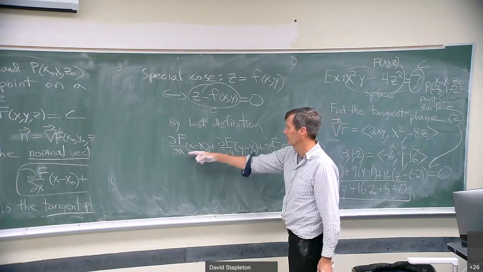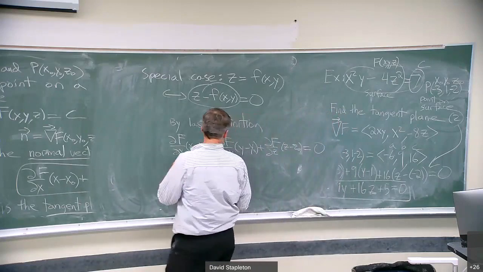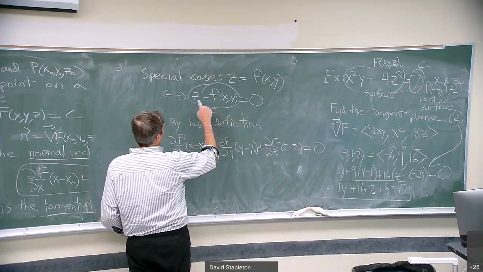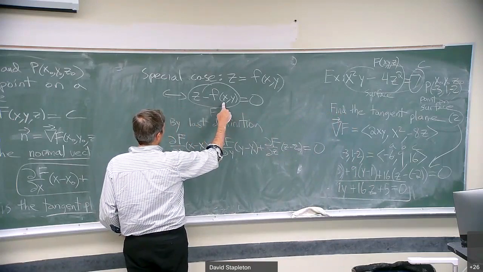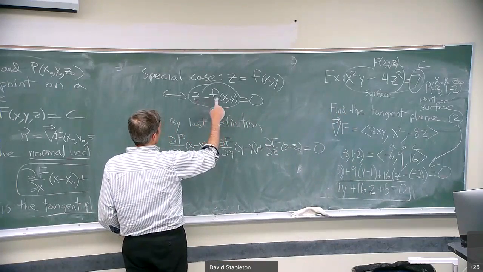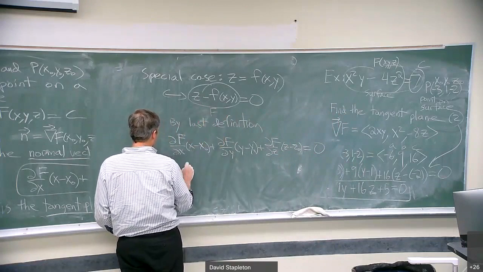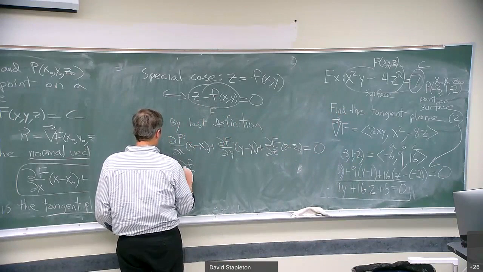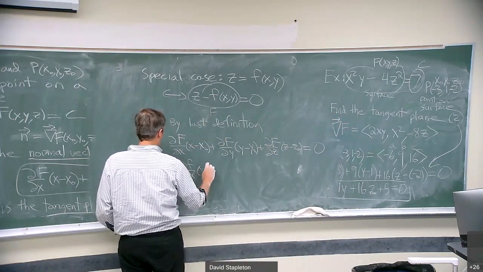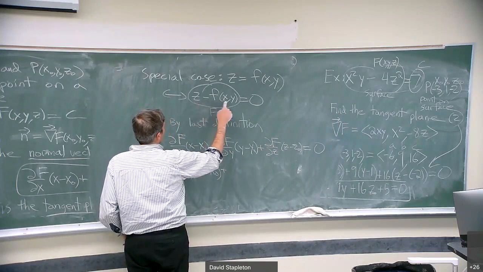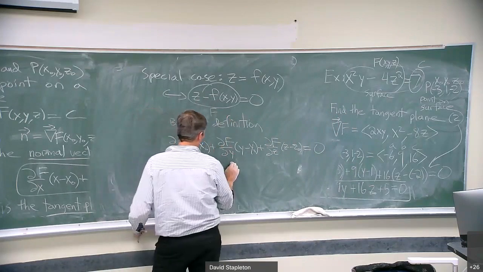Again, it's what you saw before, replacing A, B, C with partial derivatives. But now this capital F is z minus the little f. So the partial of this with respect to x is 0 minus partial of little f with respect to x. Partial with respect to y is 0 minus partial of little f with respect to y.